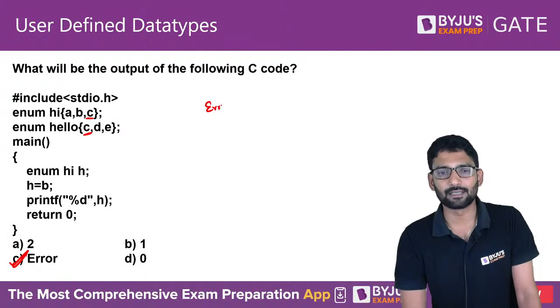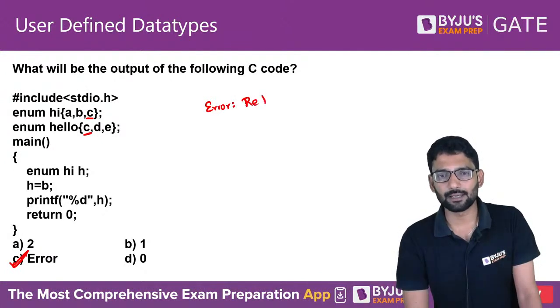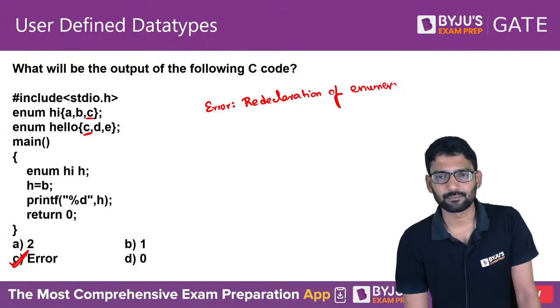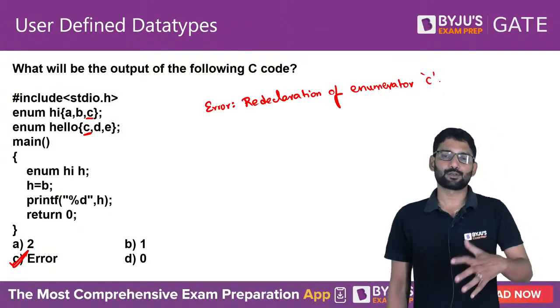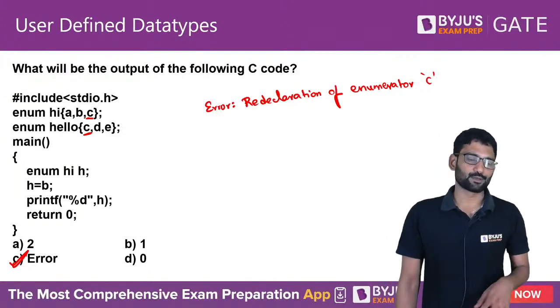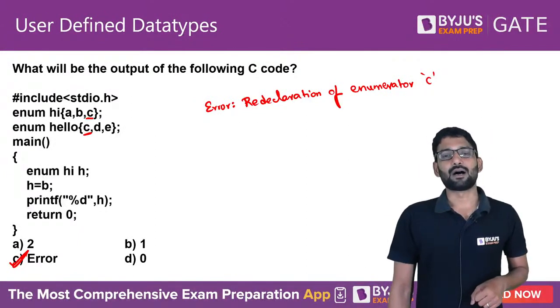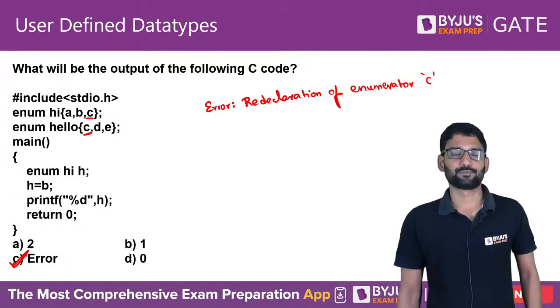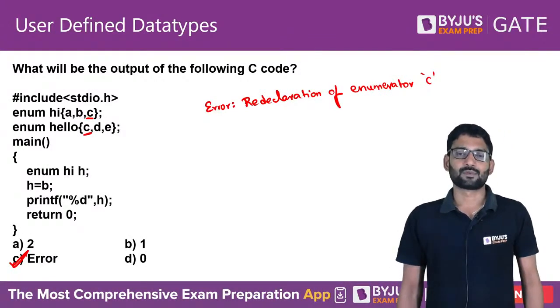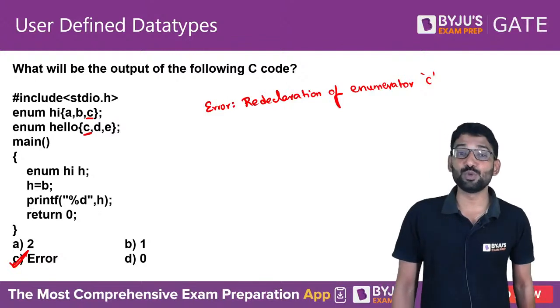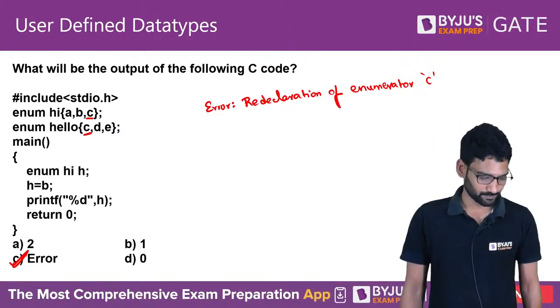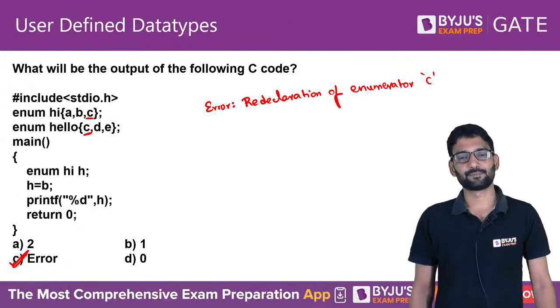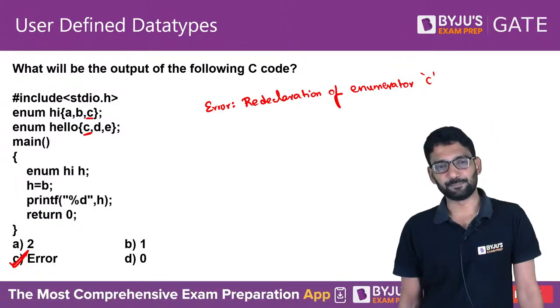So you will get the error as redeclaration of enumerator C. Redeclaration of enumerator C, so this would be the error message. So all enumerators must be unique in their scope. Understood, Swati? You will get error.